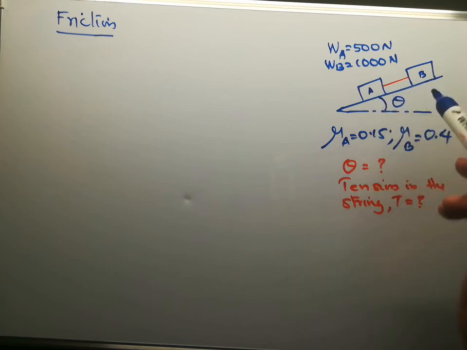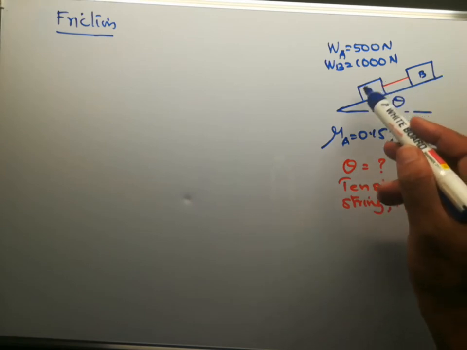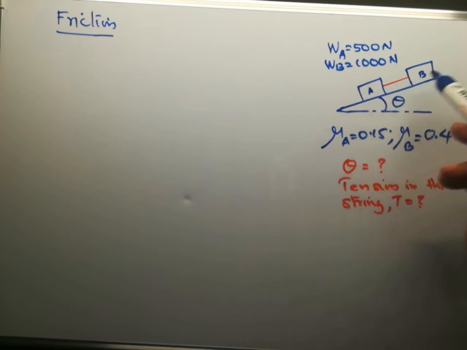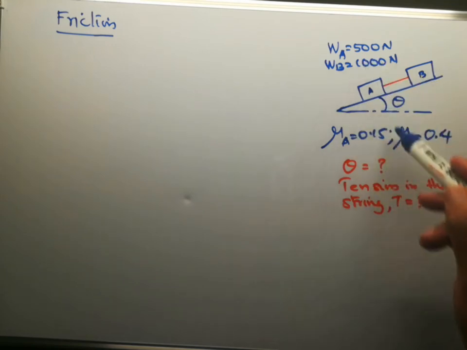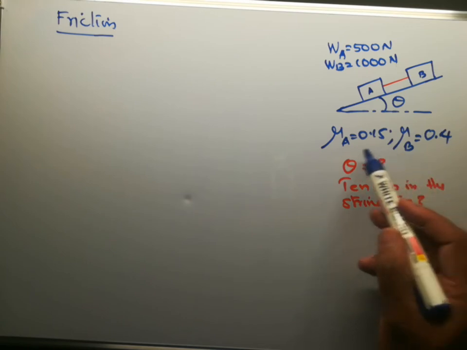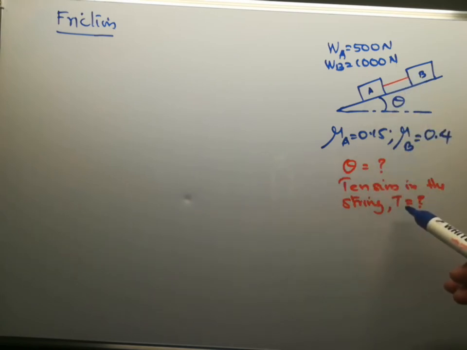So in this, instead of x and y directions, we will resolve the forces acting on each body in two mutually perpendicular directions. One is parallel to the plane, another is perpendicular to the plane. We have already told that if T is the tension, we need to find the magnitude of tension as well as the value of theta.